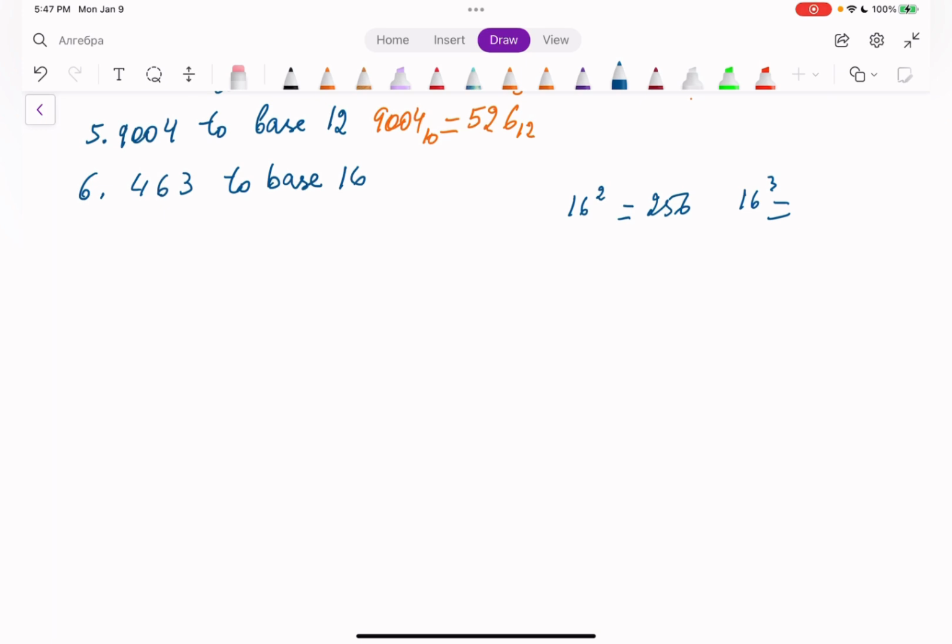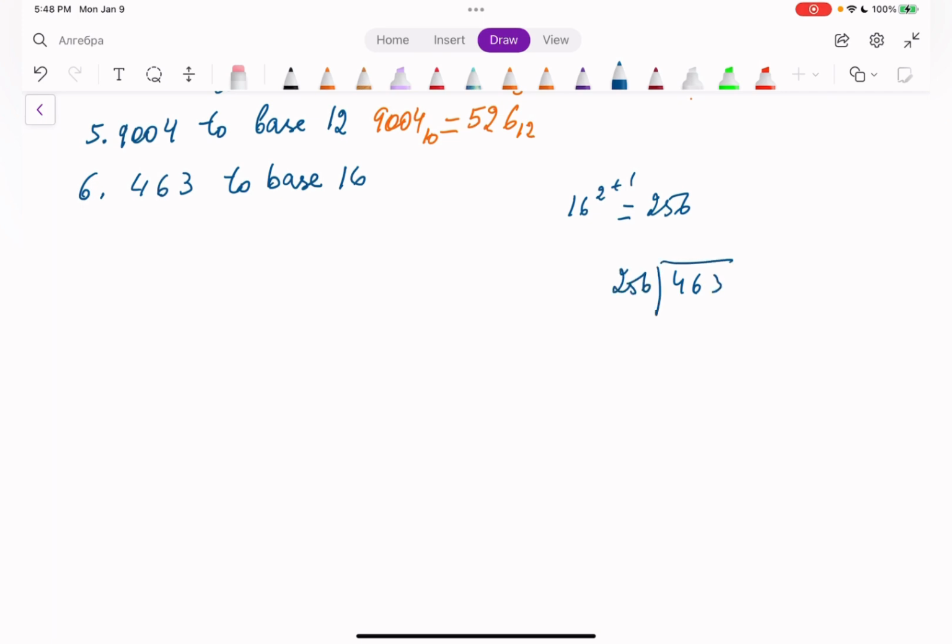Okay, so 16 to the power 2 is going to be the degree we're going to stick with. Which means in total we're going to have 3 digits, right? 2 plus 1, 3 digits. So 463 we are dividing by this 256.